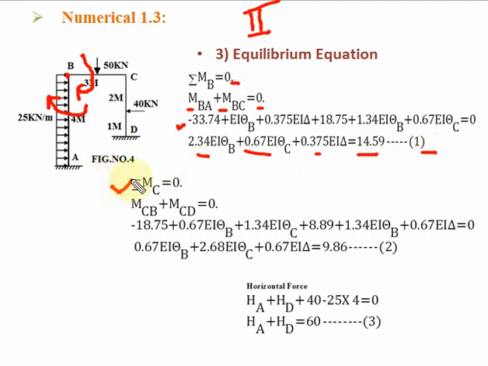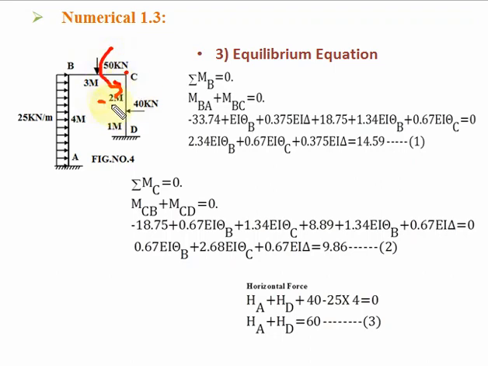Now for the second joint, let's say joint C. For joint C, how many members are connected? Two. So they will put end moments on joint C, and the addition of these two moments should be equal to 0.